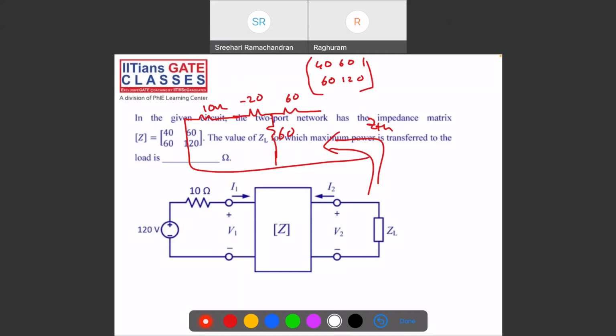If the values are minus 20, 60, 40, 60, 60, and 120.